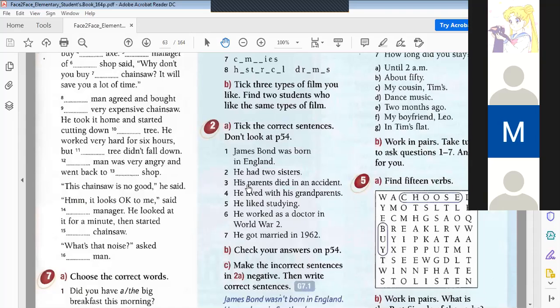Okay, I'm just checking something. I need you to find 15 verbs. So let's see if you can find these verbs. Let's see how many verbs you can find. Who would like to start and find some verbs here?